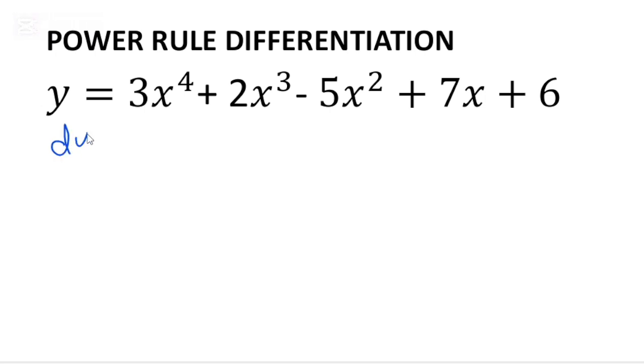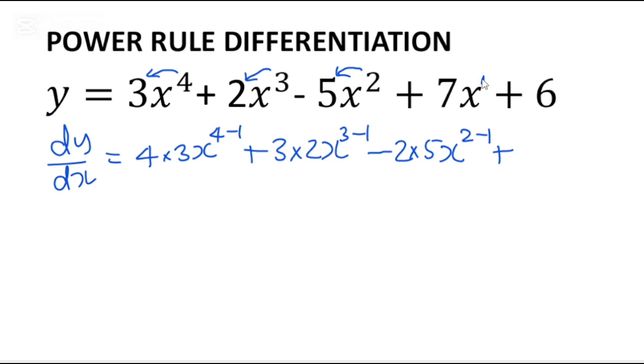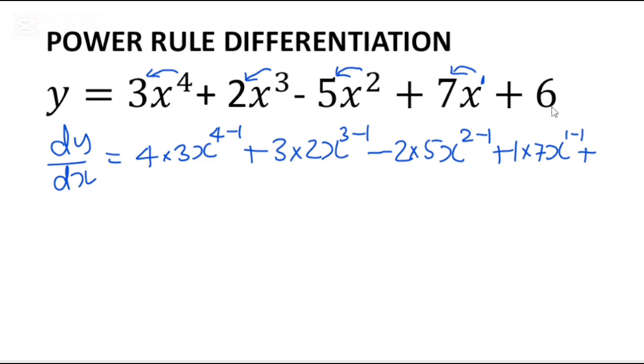So we're going to have dy dx is equal to 4 times 3, then x to the power 4 minus 1, then plus 3 times 2, x to the power 3 minus 1, then minus 2 times 5, then x to the power 2 minus 1, then plus, this one is the same as you have power 1, so 1 times 7, x to the power 1 minus 1.